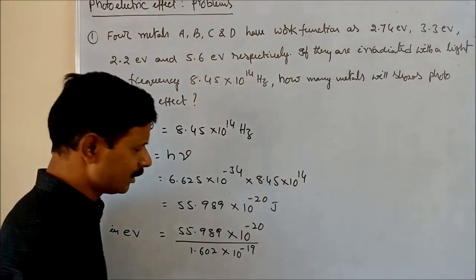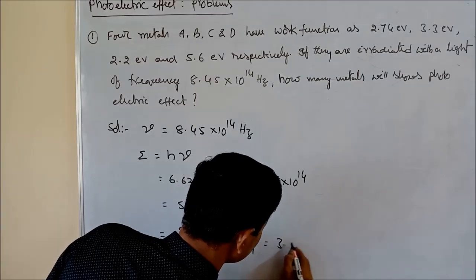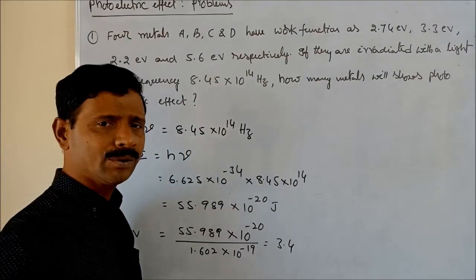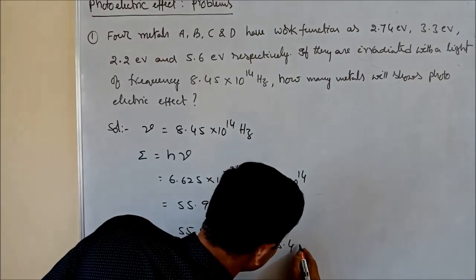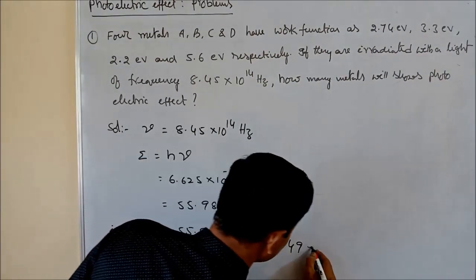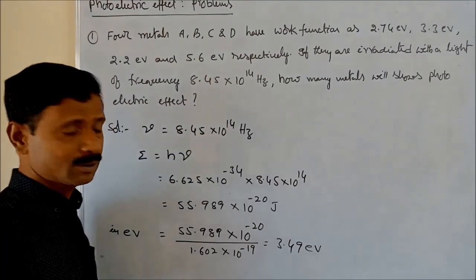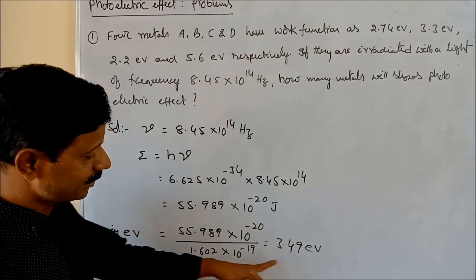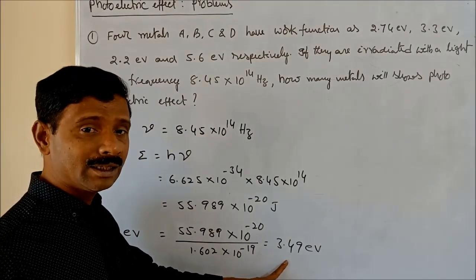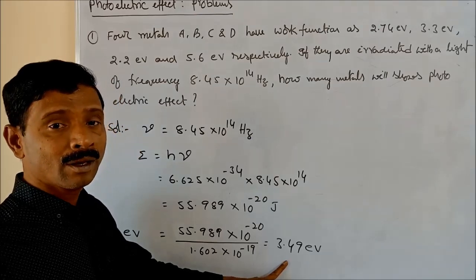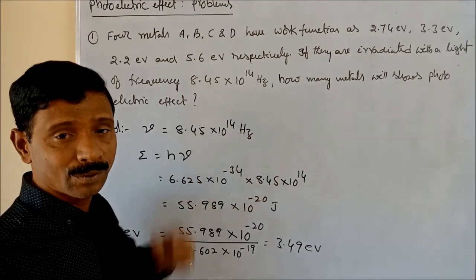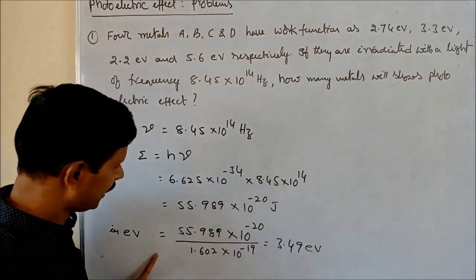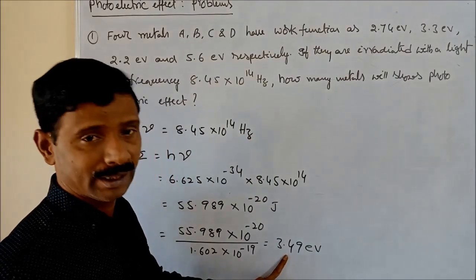Here it is around 3.4, or up to the second digit, 3.49 electron volts. So this is the energy of the incident light that we are using on the surface of the four metals.